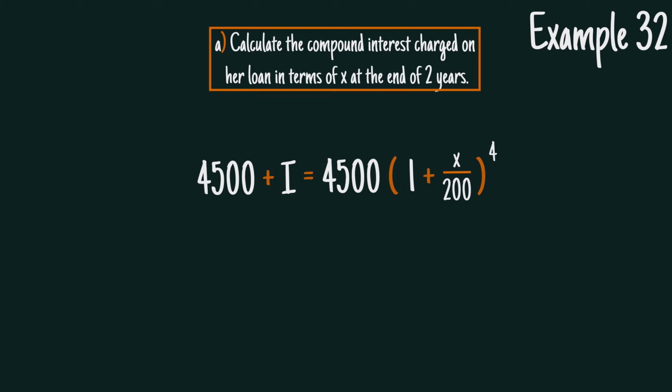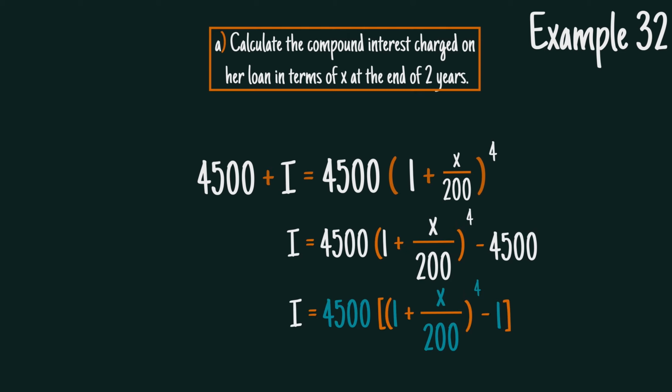N is 4, since she planned to clear her loans over 2 years in 4 equal installments. Hence, putting all the above information together, we get this. We then simply need to make I the subject and leave that as the answer.